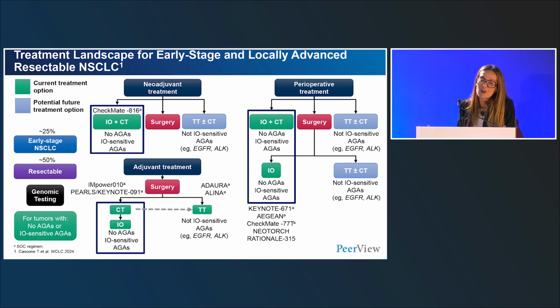You cannot not do that in 2025 if we want to get the best benefit from these treatments for our patients. And so for patients who have tumors that do not have what we call the AGAs, the actionable genomic alterations for which we have targeted therapies, or patients who have IO-sensitive AGAs, we have 3 approaches.